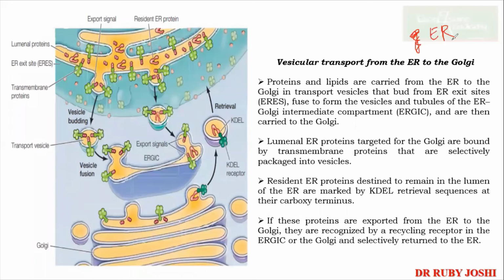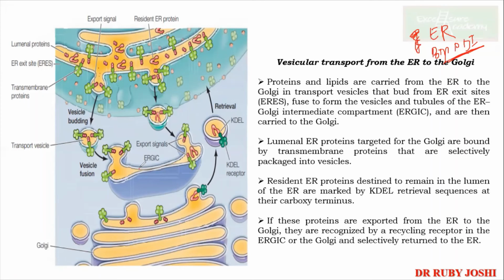As we have discussed, there are resident proteins, for example BiP, your PDI, right? So these are meant to be present only in the ER, but sometimes because they are also present in the lumen along with the target proteins, they also get collected in these vesicles, and by mistake the vesicle goes to the Golgi.